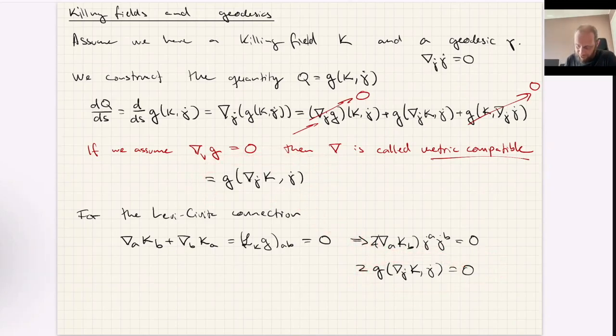But I can just divide out the 2 and I still have 0. So indeed, if I have a Killing field, then this expression is equal to 0. And that just means that the derivative of Q along the geodesic is 0, which means that Q is conserved along the geodesic.